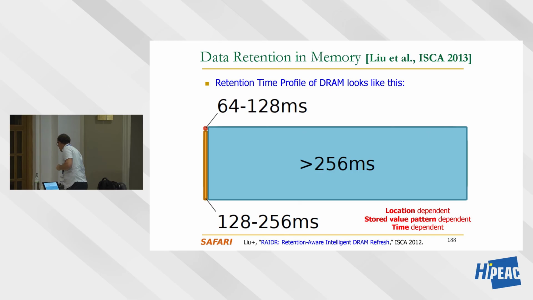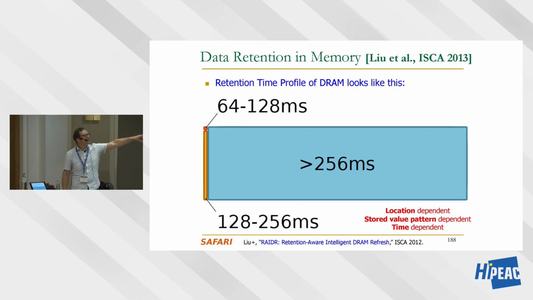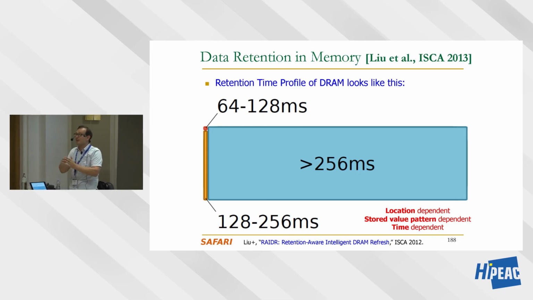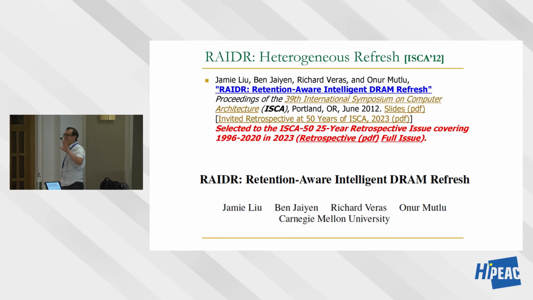Now, this turned out it's not that easy. You need to identify this for every single cell, and this is dependent on the data values of the cells, and this is also dependent on some quantum-like effects, especially when you scale the technology to smaller nodes. It becomes random. A cell changes its retention time randomly, and you need to account for that. So we wrote a lot of papers on this topic that I'm not going to cover.